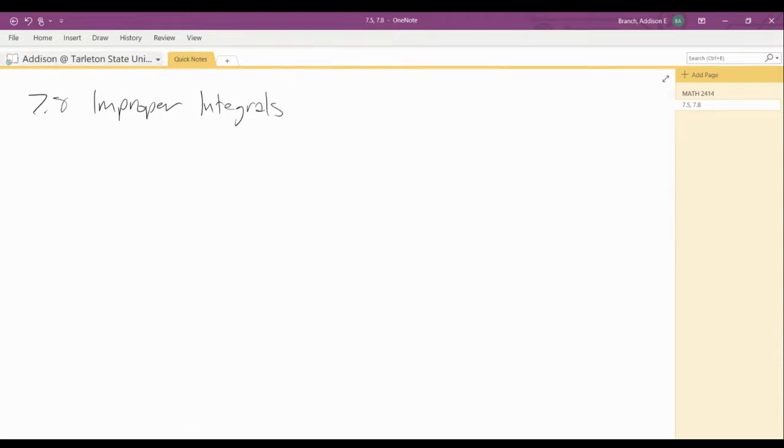So in short, improper integrals essentially means you have an integral which either has an infinite bound or an infinite discontinuity. So there are 2 main types of improper integrals when we're talking about this.